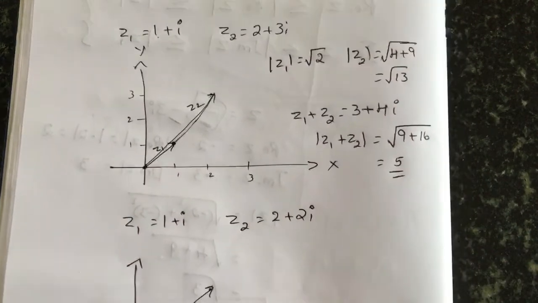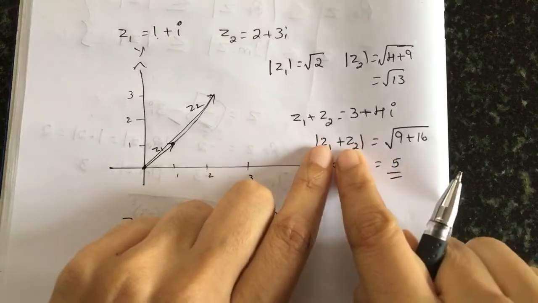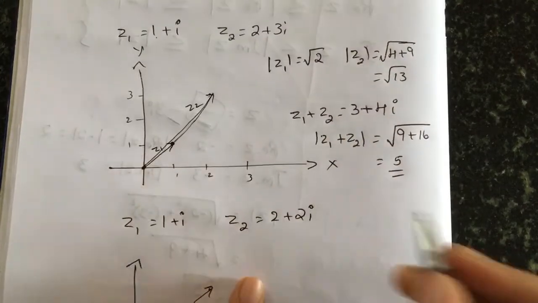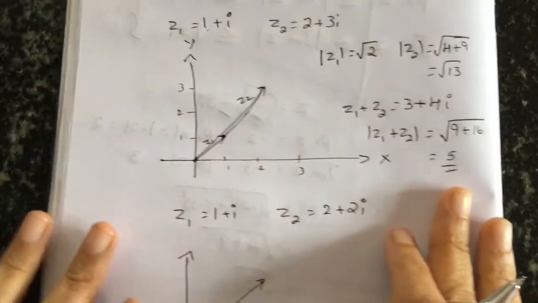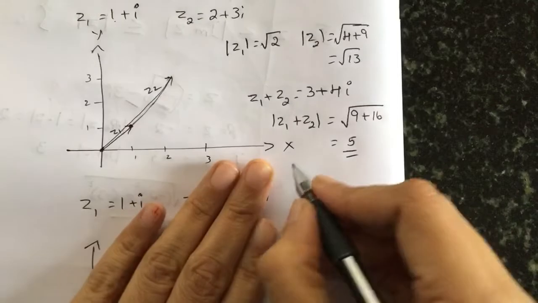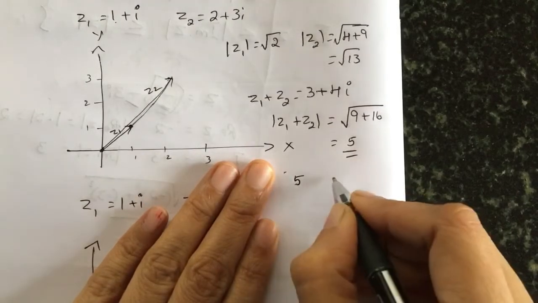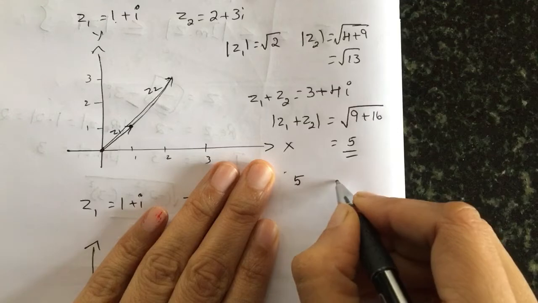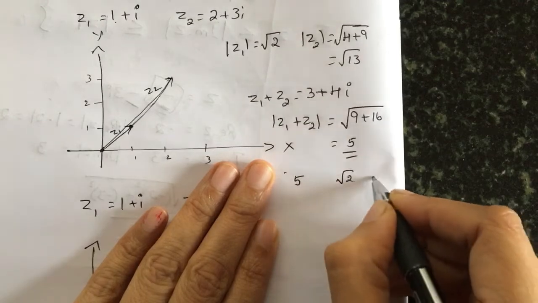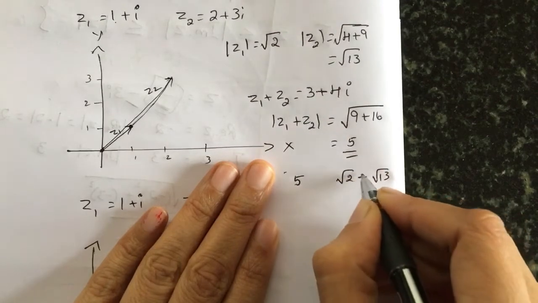You can observe that mod z1 plus z2, I'll compare with root 2 plus root 13, right?